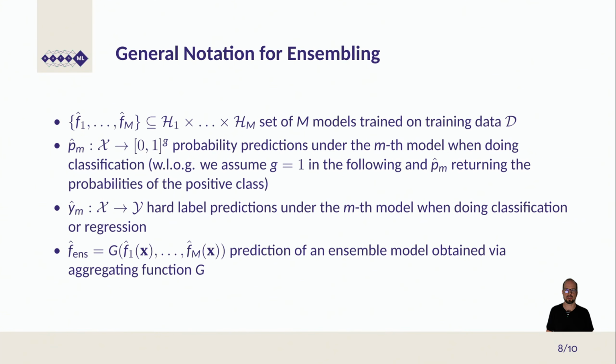When applying the model to new data, we can obtain two kinds of predictions. First would be probabilistic predictions, the probabilities for different classes, which we denote as p hat m for the mth model, and y hat m, which for classification are the hard labels, so 0, 1, 2, or for regression, the actual prediction. And finally, we need an aggregating function g that takes multiple models, 1 to m, and outputs the ensemble.